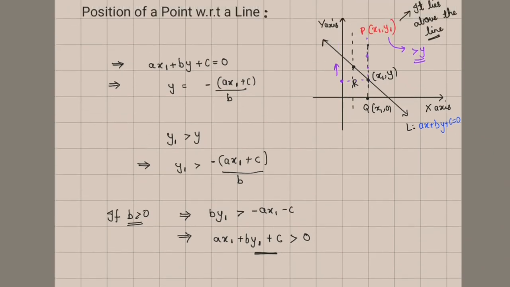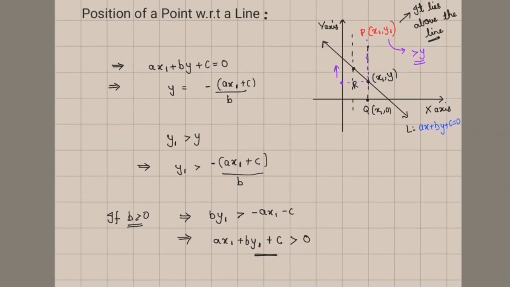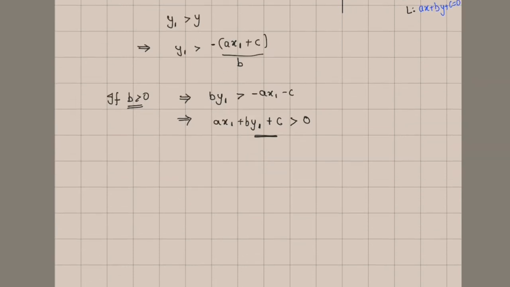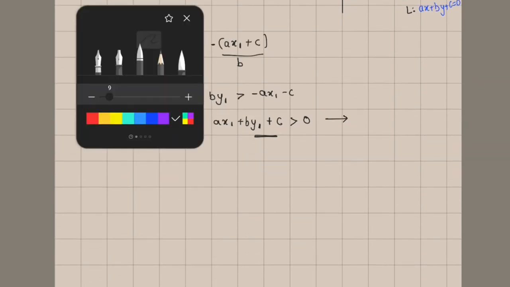So if you want to know the position of a point with respect to a line, you substitute that point in that equation. If you get greater than 0 when b is greater than 0, then this implies above the line.